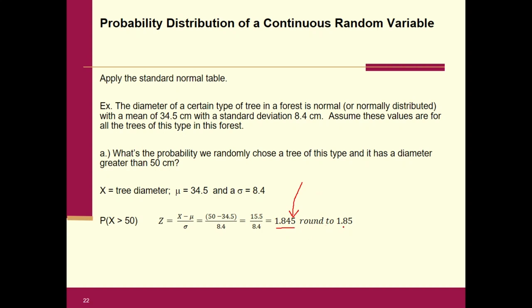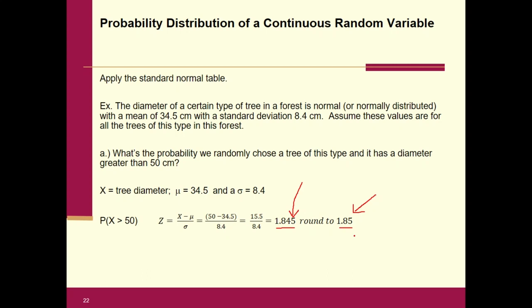Since it's a 5, we're going to round this up to 1.85. So I rounded the 4 up to a 5. So there's the z-score that we're going to be working with. You know what that just did? We just translated x, which was greater than or equal to 50, into, well, how many standard deviations is that away from the mean?